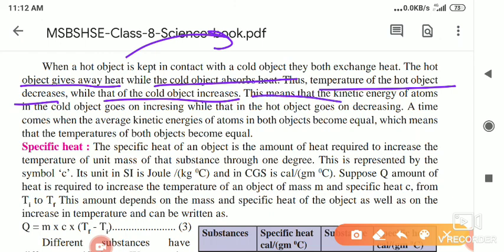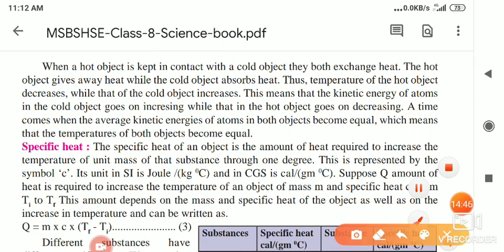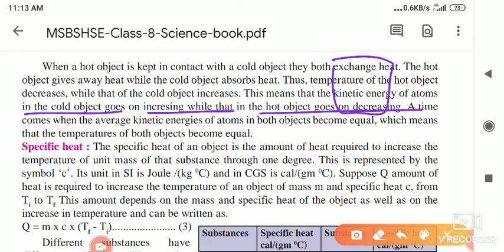And this means that the kinetic energy of atoms in the cold object goes on increasing, while that of the hot object goes on decreasing. The hot object's energy decreases, so the hot object becomes cool and the cold object becomes hot.